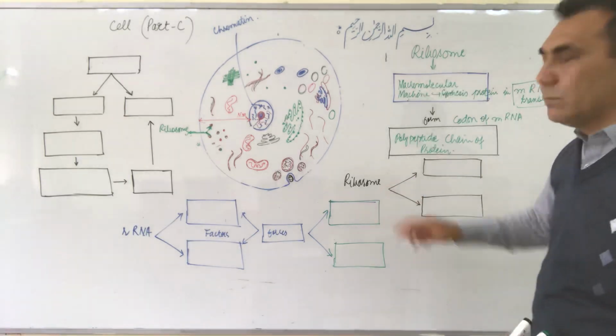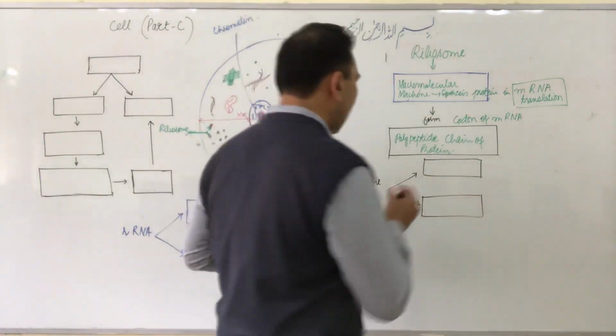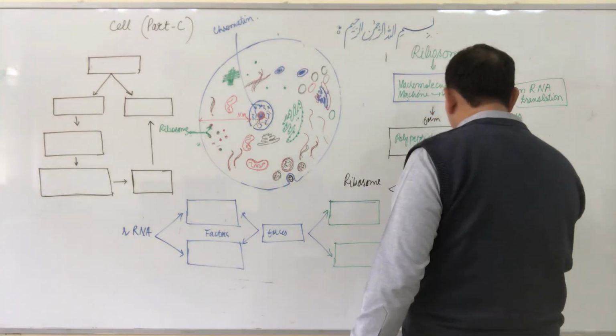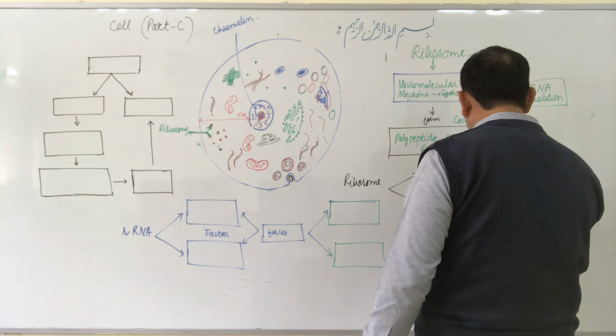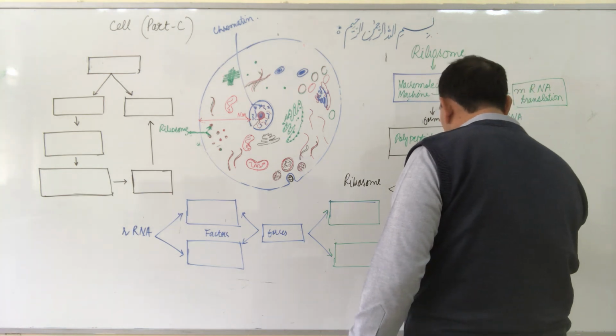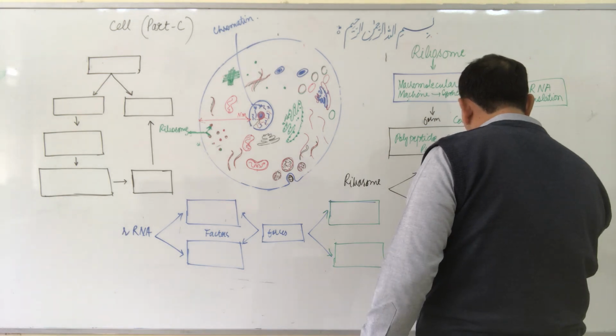Now the ribosome consists of small and large subunit molecules.